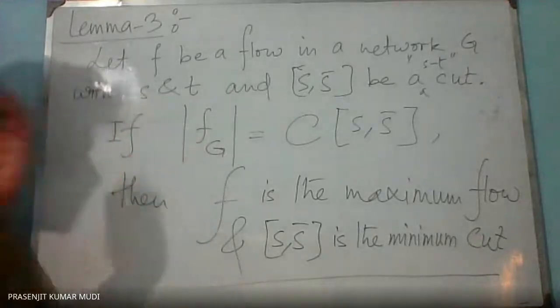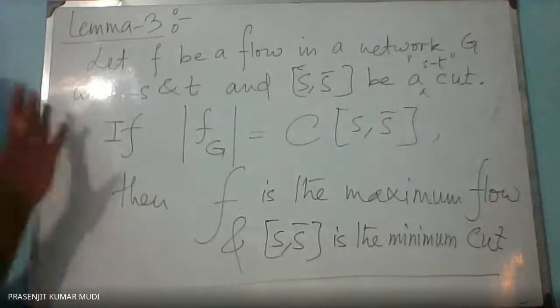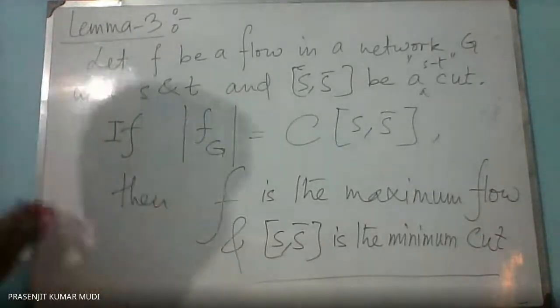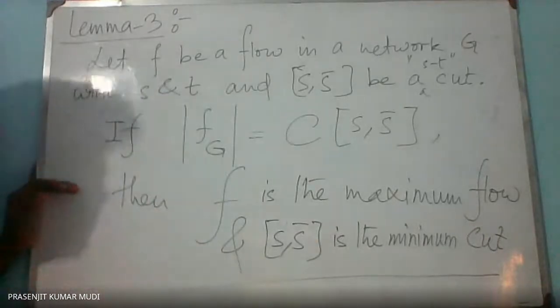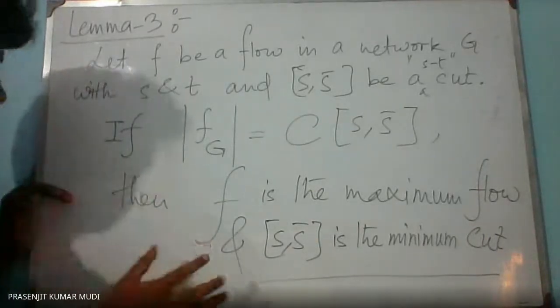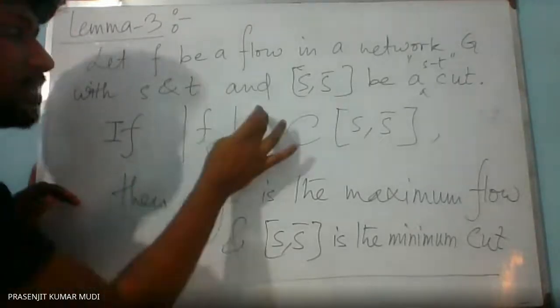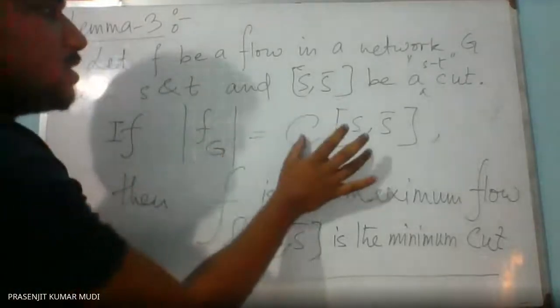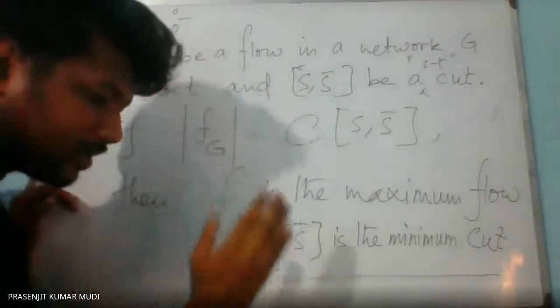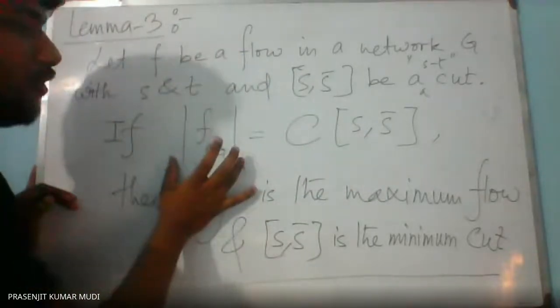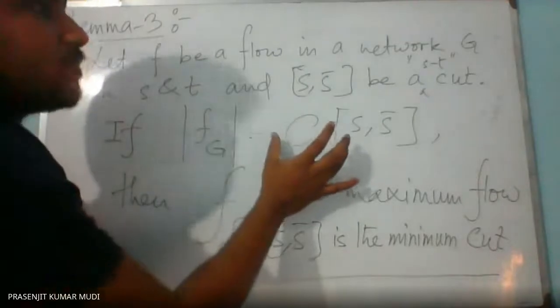Again, we can prove all these lemmas. We are not talking today about the proof. We will do it in some other class, but this is the ultimate one. The flow in any network can be less than or equal to the capacity of any cut, but in a boundary situation, the flow of the network becomes equal to the cut capacity.